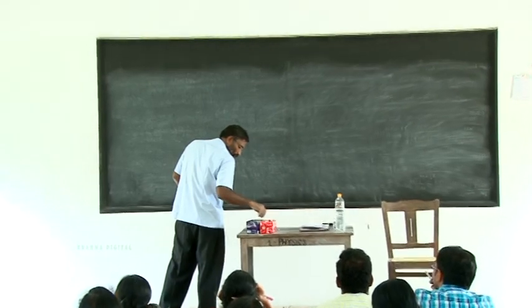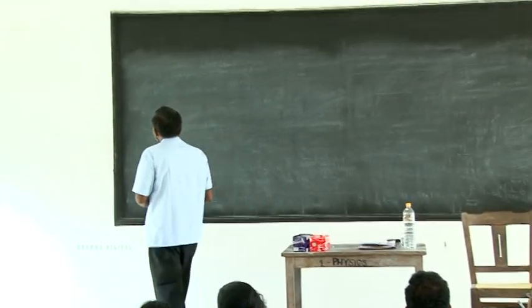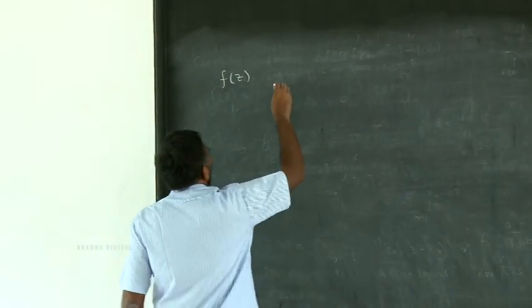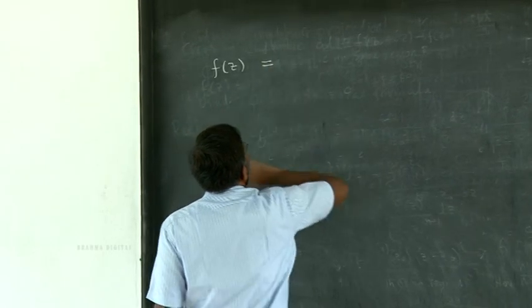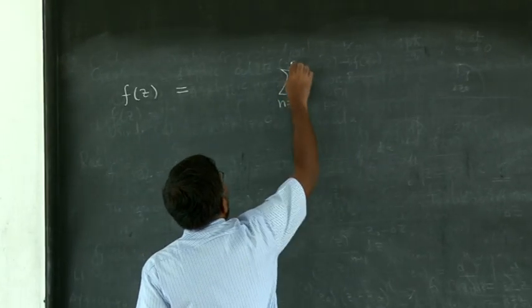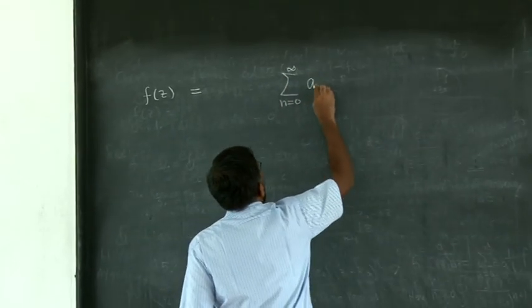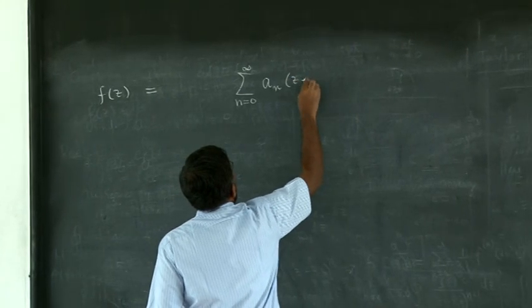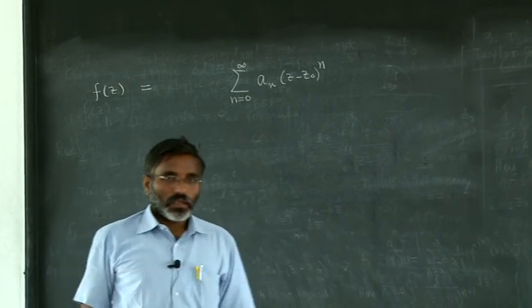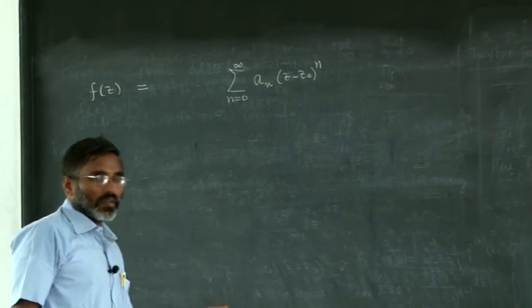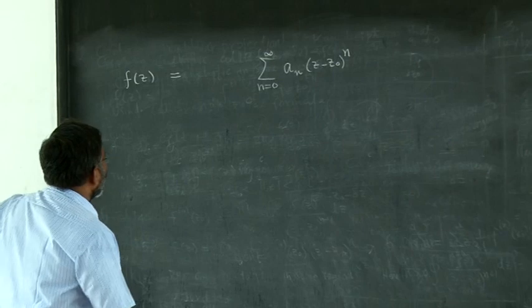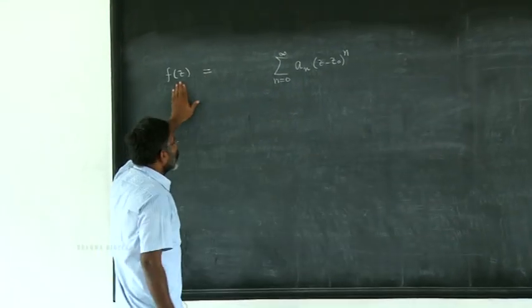Suppose I have an f of z which already has the sum over n equal to 0 to infinity of a n (z minus z naught) raised to the power n, where a n is nothing but f^(n) of z naught divided by n factorial. Okay, so we already know if f of z is analytic, we can write it down.